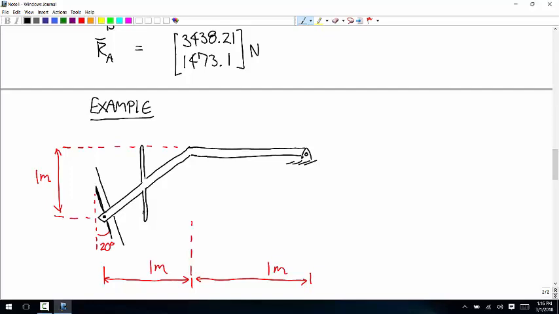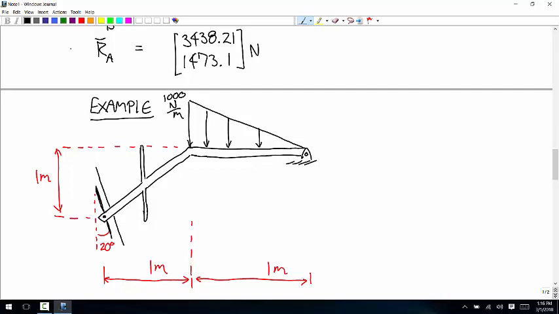Okay, and now the external loads, we have a distributed load like this. That's 1,000 newtons per meter at its maximum.